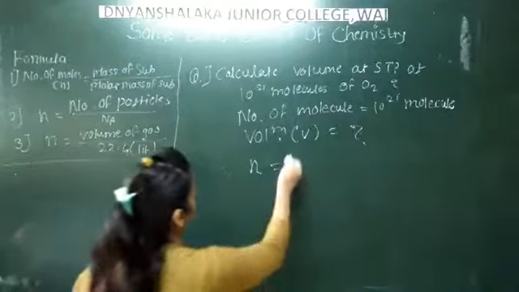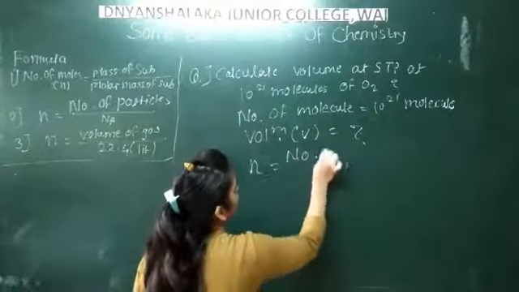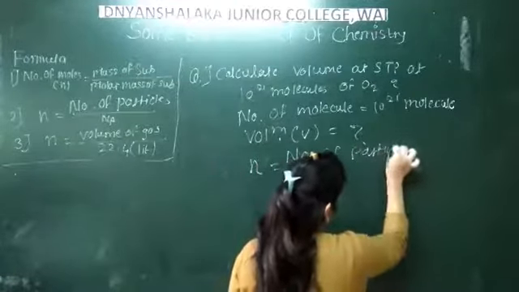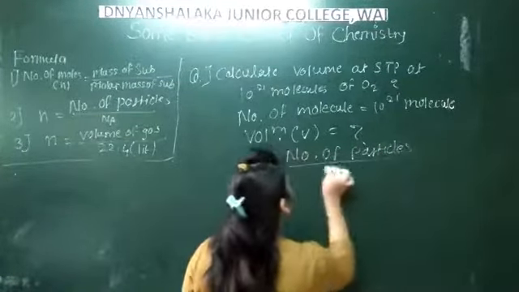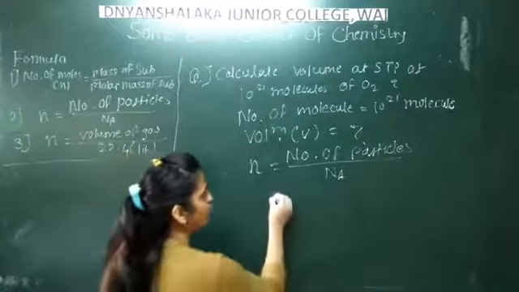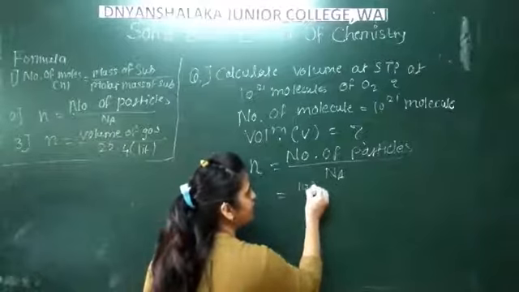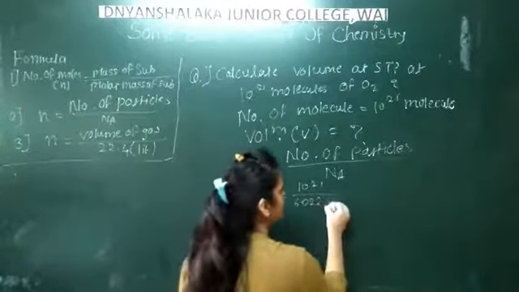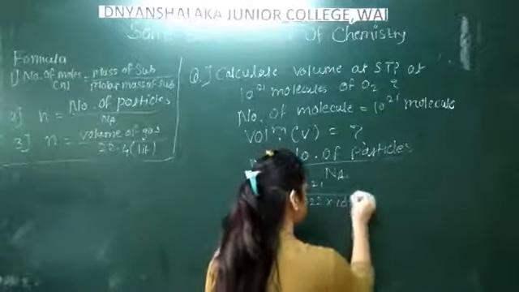So n is equal to the number of particles, molecules or ions, upon Na, the Avogadro number. We are given the number of molecules as 10⁻21 and the Avogadro value Na as 6.022 into 10⁻23.